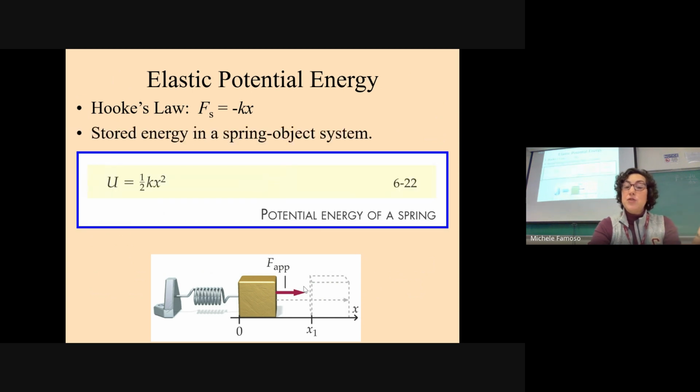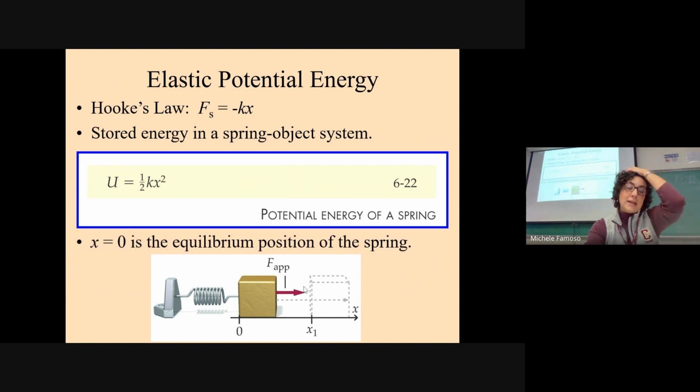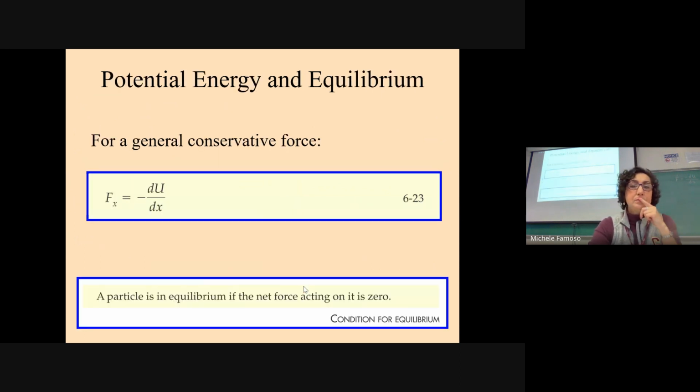When a spring gets stretched or compressed, and it's ideal, the elastic energy in that spring would be 1/2 kx squared. We learned that last year. We said PEs was 1/2 kx squared. Well, we don't use PE, we use U now. So there it is: Us is 1/2 kx squared if the spring is ideal. If it's not, you can't do that. And again, x being 0 is the equilibrium position of the spring when it's neither stretched nor compressed. It's at its natural length.